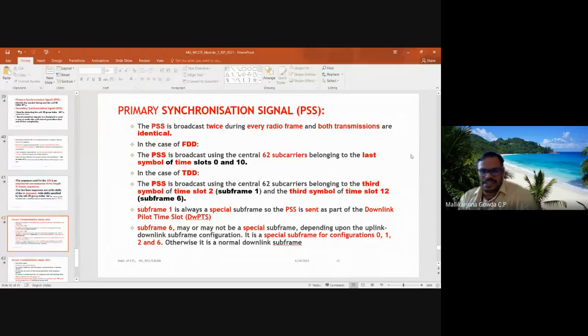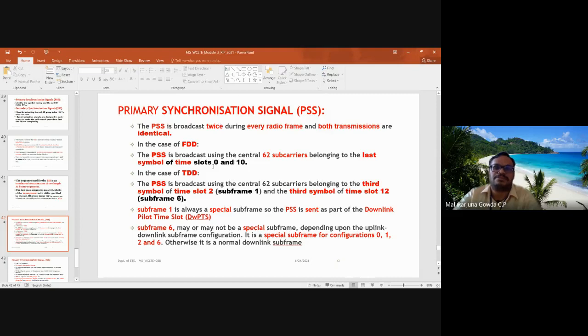Around 72 subcarriers you will get for 1.4 megahertz of bandwidth. That 72 into 15 kilohertz, plus 10% as a guard band, gives the total 1.4 megahertz. So what I'm saying here is the primary synchronization signal will be occupying 62 subcarriers, belonging to the last symbol of time slots 0 and 10.